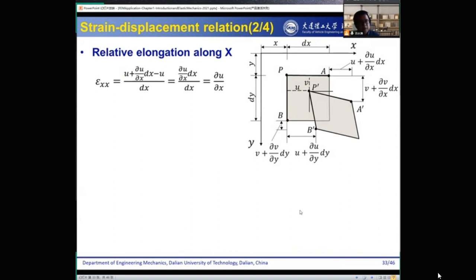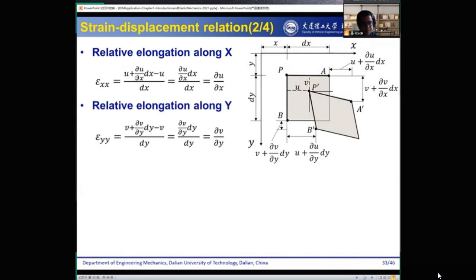And then let's talk about the elongation. So what is elongation? Elongation we define as the change in the length divided by the original length. So for example, the elongation along the x direction we represent as epsilon xx.